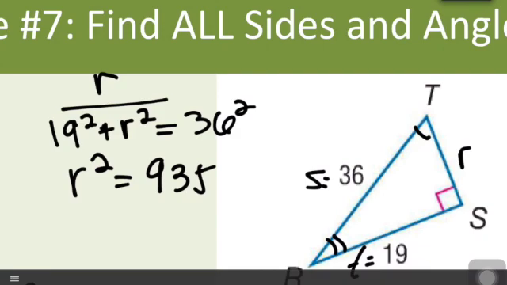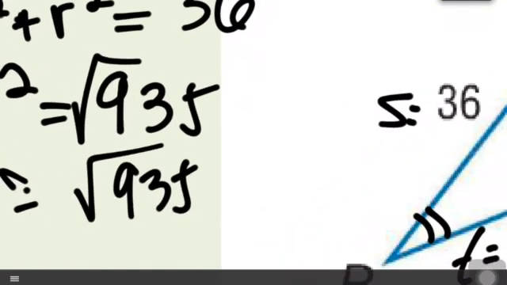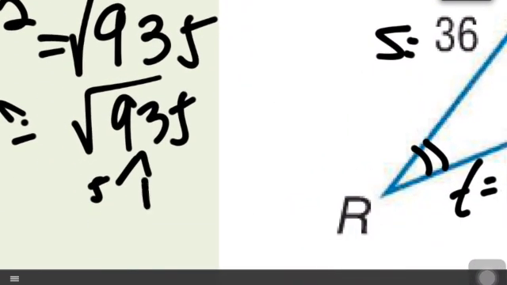Let's see if we can simplify this. So it can definitely be divided by 5. We're going to square root this. So 935 can break up to be 5 times 187. Let me see if 187 can be divided by anything. I think 187 might be prime. Yeah, I can't find anything to divide into 187.